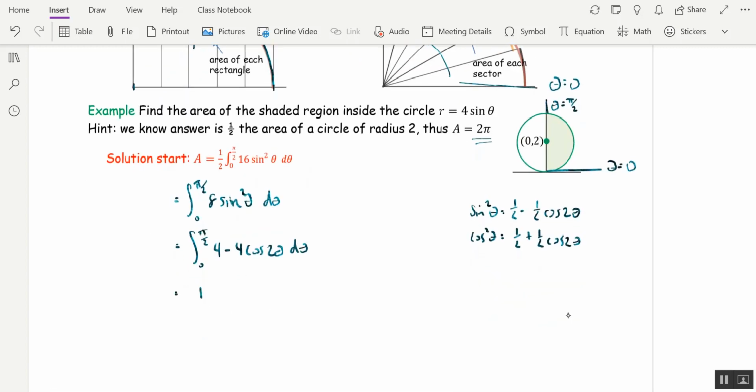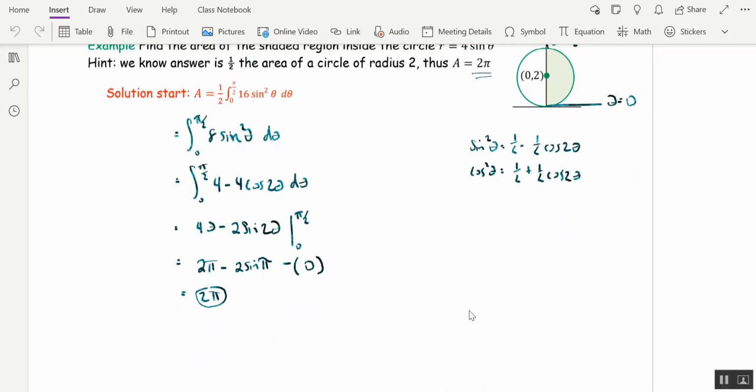Now we integrate: 4 theta minus 2 sine 2 theta, evaluated between 0 and pi over 2. That gives me 2 pi minus 2 sine of pi. And when I put in 0, I'll just get all zeros. Sine of pi is 0, so indeed I get 2 pi.